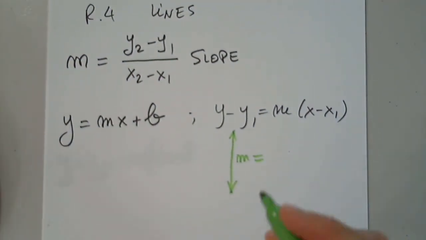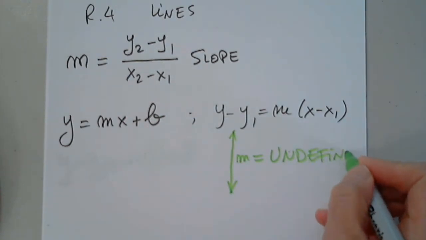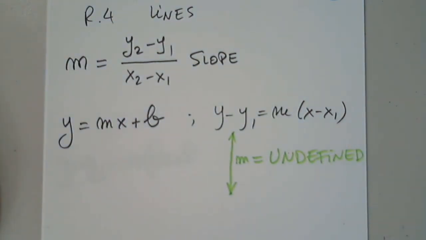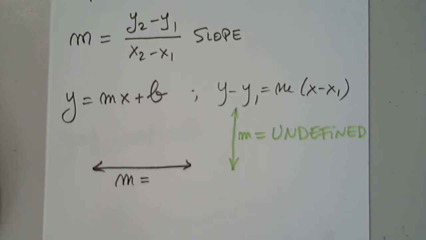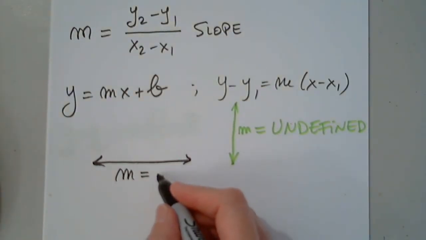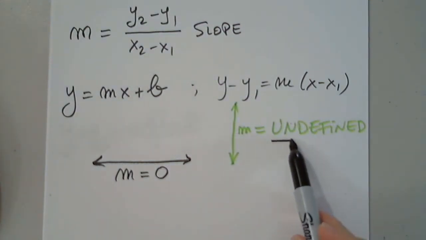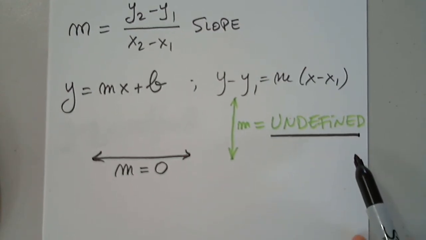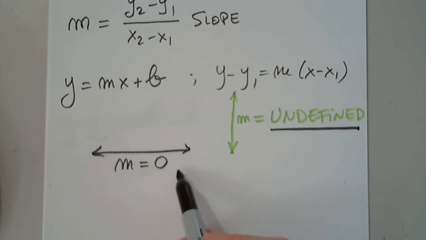X equals 4. Undefined. The slope of a vertical line is undefined. Can anyone give us the slope of a horizontal line? 0. Very good. You cannot walk on a vertical line. If you want to keep it, remember it like that. The easiest thing to walk on is the horizontal line.